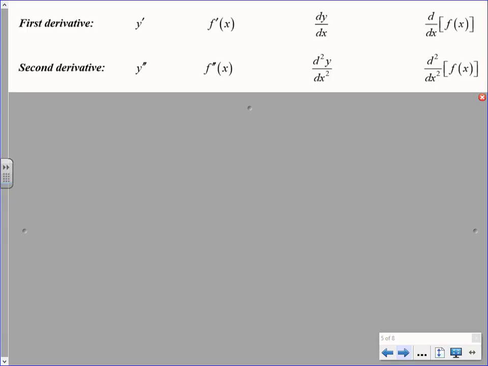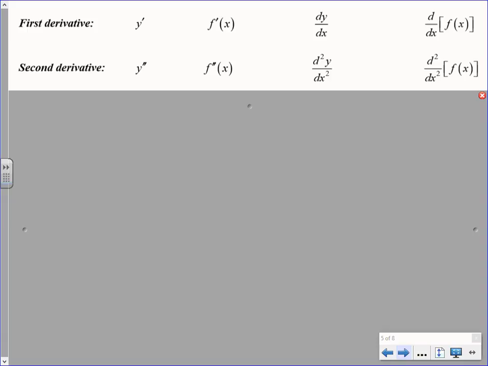This is the notation for the second derivative. You're basically just going to add a tick mark, okay, or d squared y over dx squared. Okay, so the second derivative represents the slopes of the first derivative. We still have that same relationship, but we're just talking about from first derivative to second derivative.